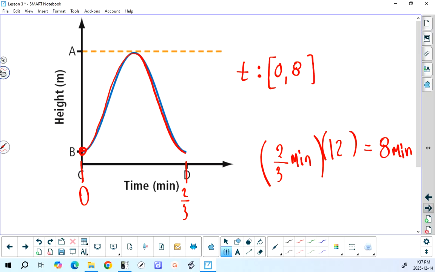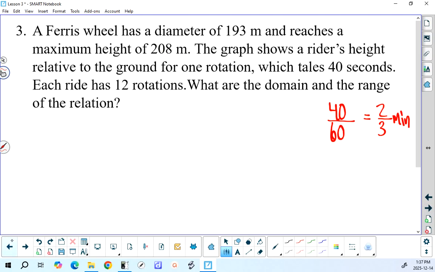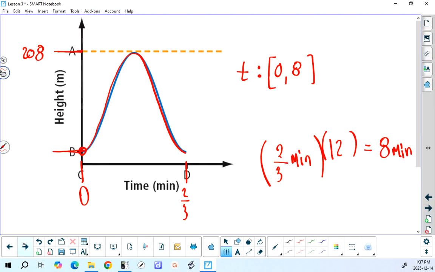What is the maximum height? You were told that the maximum height was 208 meters. You're told that the diameter is 193 meters. That means the distance from the lowest point to the highest point is 193 meters.